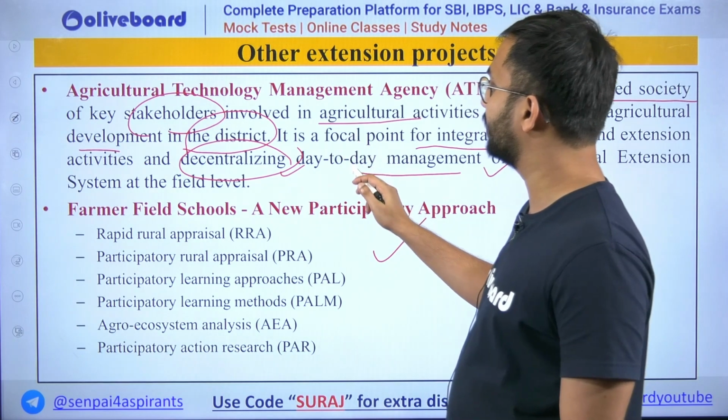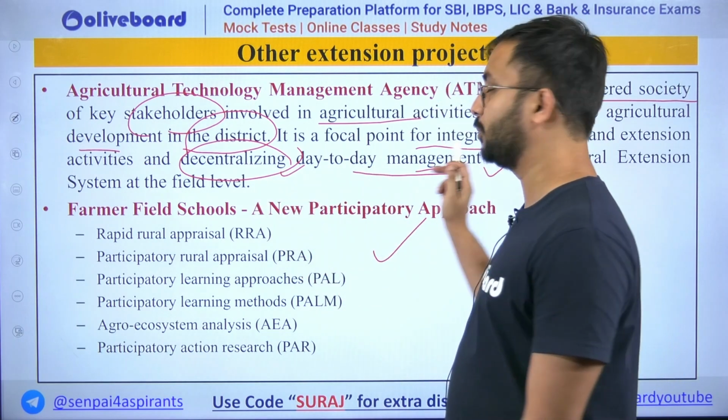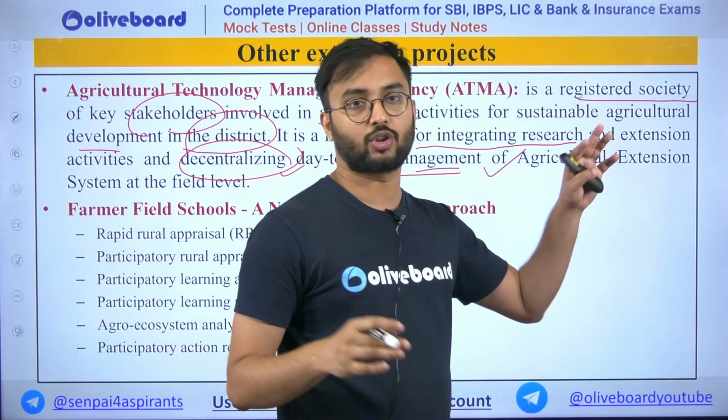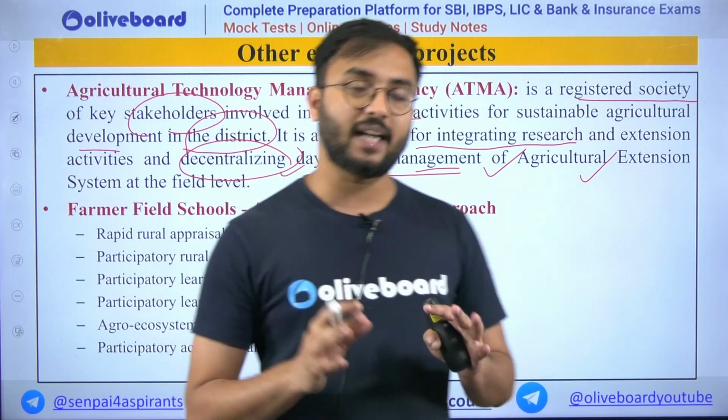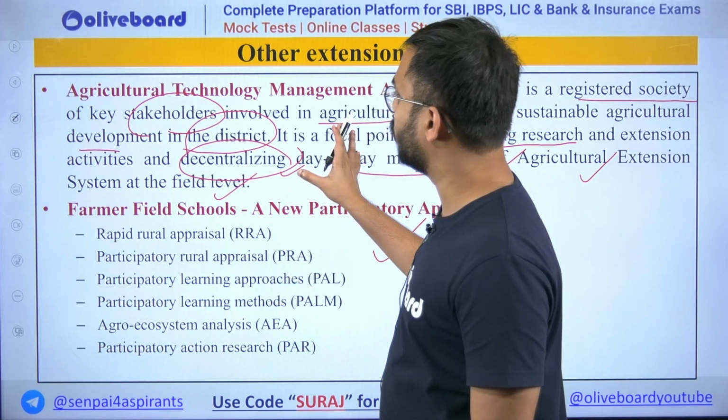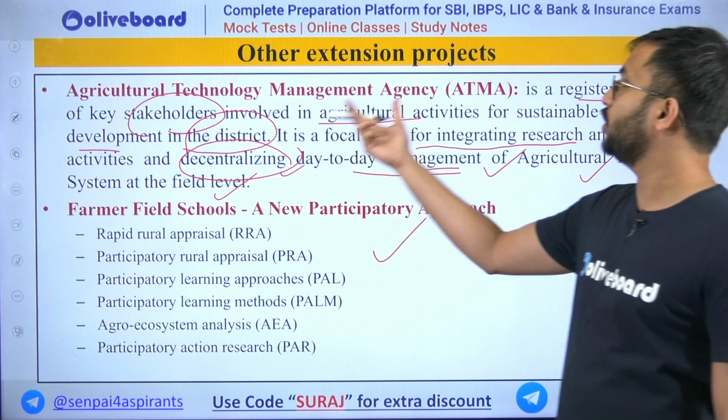That means decentralize in the sense what? Whatever day-to-day management of crops is there, whatever application of technology, application of knowledge on the field is there, that you do at your field level. Now this was about ATMA, Agricultural Technology Management Agency.